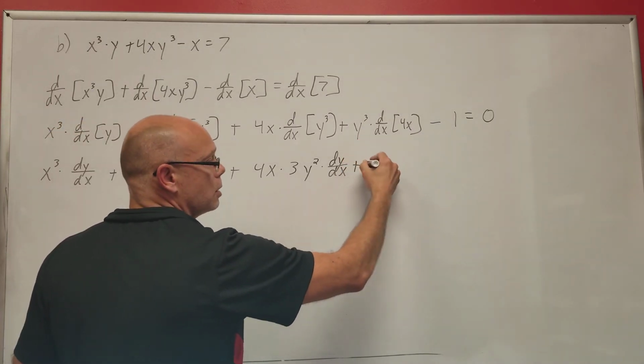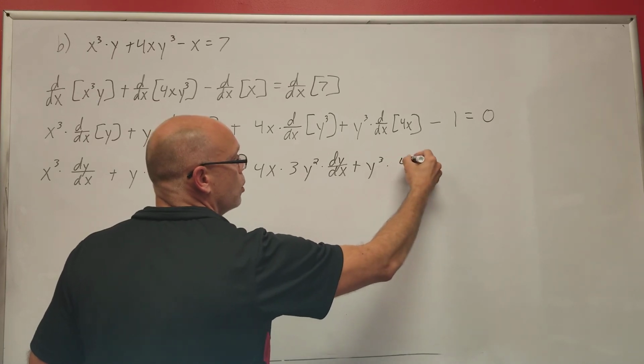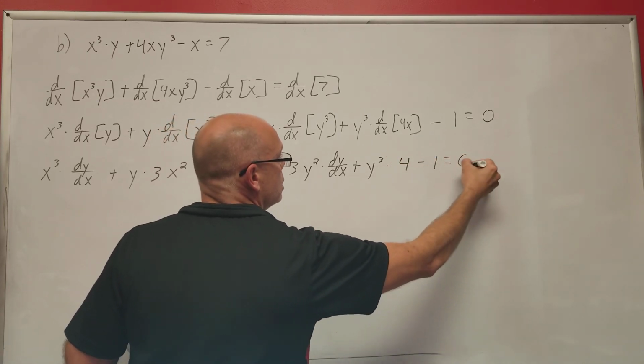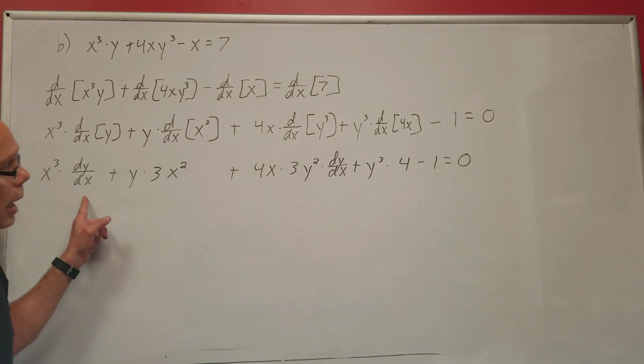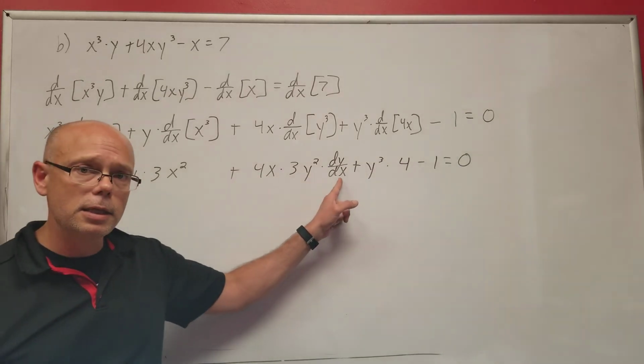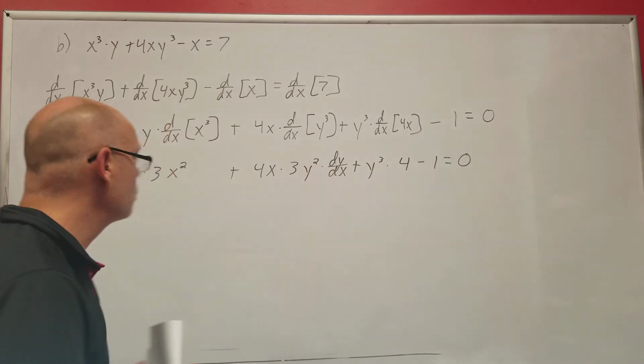Plus y cubed comes down times what? 4 minus 1 is equal to 0. Now the directions here were to find dy over dx. So I need to isolate these dy over dx terms and solve for them.